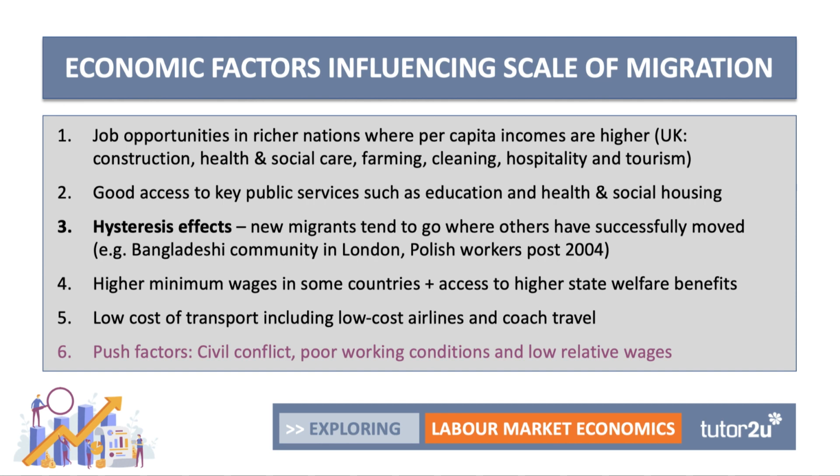New migrants tend to go where others from their community have successfully moved. And a good example might be the Bangladeshi community in London, or perhaps the surge in the number of people from Poland who came to the UK to live and work post-2004, and other countries including Bulgaria and Romania and the Czech Republic. Migrants may well be attracted by higher minimum wages in some countries.